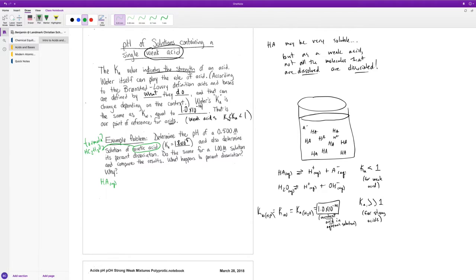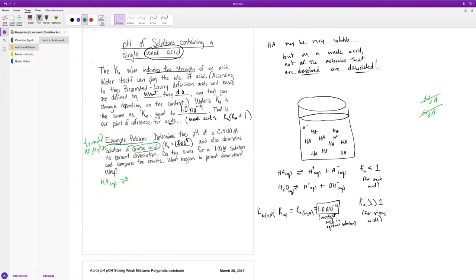As long as you know it's a monoprotic acid, you can write it this way. If you have reason to believe it's diprotic, you could write it H2A, okay? Or if it's triprotic, H3A, okay? But if you have reason to believe it's monoprotic or it doesn't mention that, you can just write it HA if you don't know its formula.